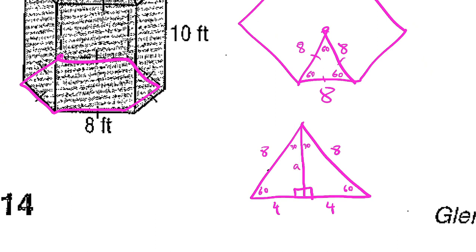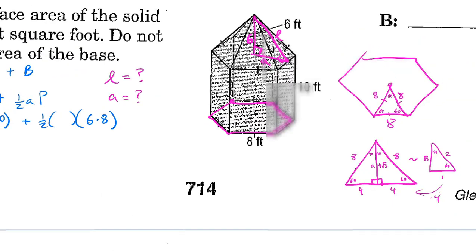This apothem in the middle, you could use 30, 60, 90 triangles, trig, or the Pythagorean Theorem. You end up getting 4√3, because it's similar to a 30, 60, 90 triangle with sides 1, √3, 2 multiplied by 4. So the apothem was 4√3.